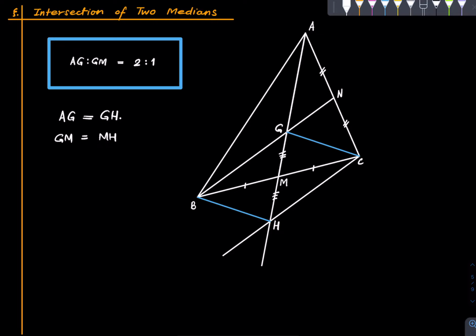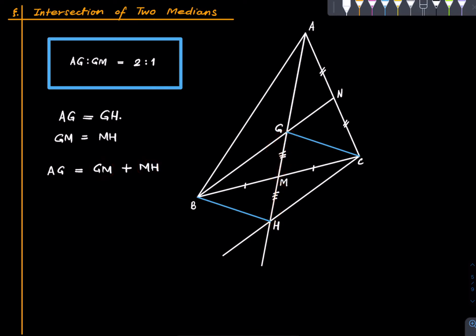Okay, and to finish the proof, you just observe these two things simultaneously. So AG is equal to GH, but GH is GM plus MH, right? GH is GM plus MH, but GM is equal to MH.